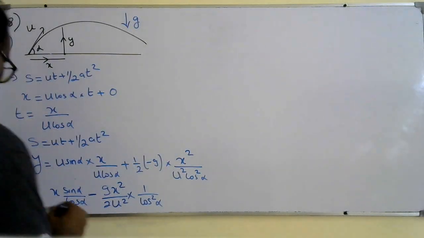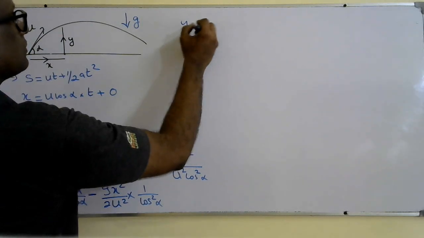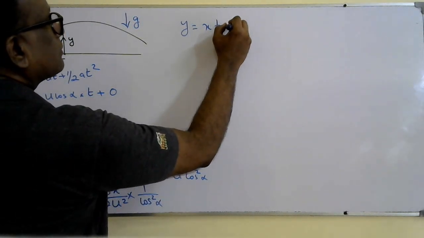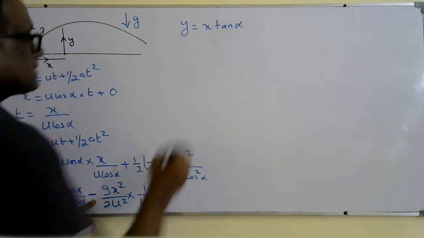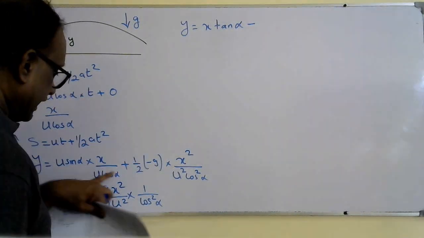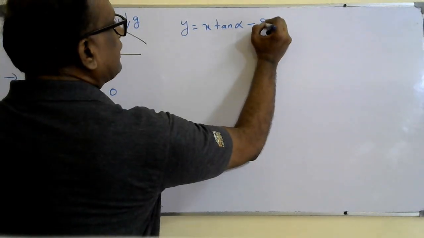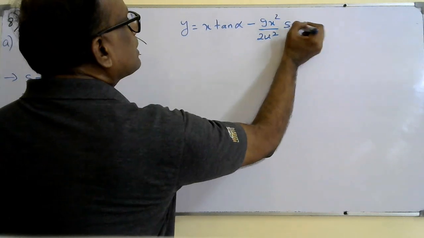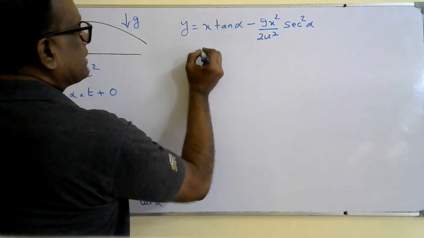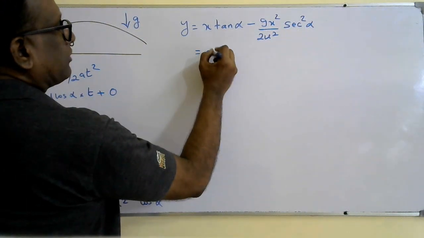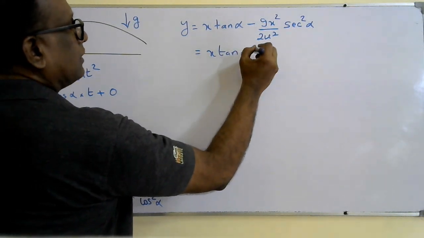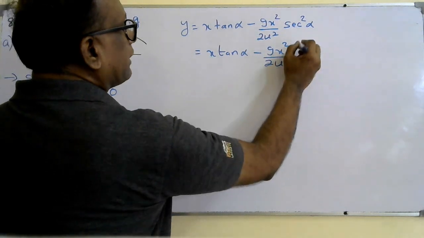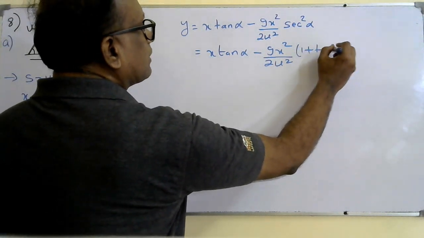So y is equal to x tan alpha minus g x squared over 2u squared sec squared alpha. Now sec squared alpha I can write as 1 plus tan squared alpha: x tan alpha minus g x squared over 2u squared into 1 plus tan squared alpha.